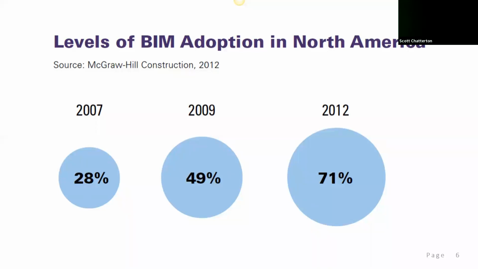I think a lot of the rate of adoption came from the need for change within our industry, the need to create more efficient, more effective buildings in a more economical manner. But the other factor too was education, having access to educational resources, whether that's through the software vendor or the software vendor's resellers, making training available.